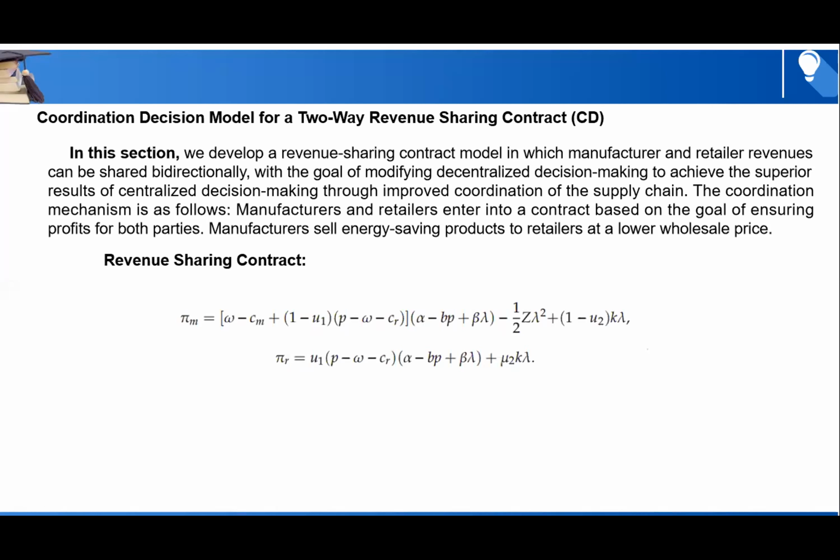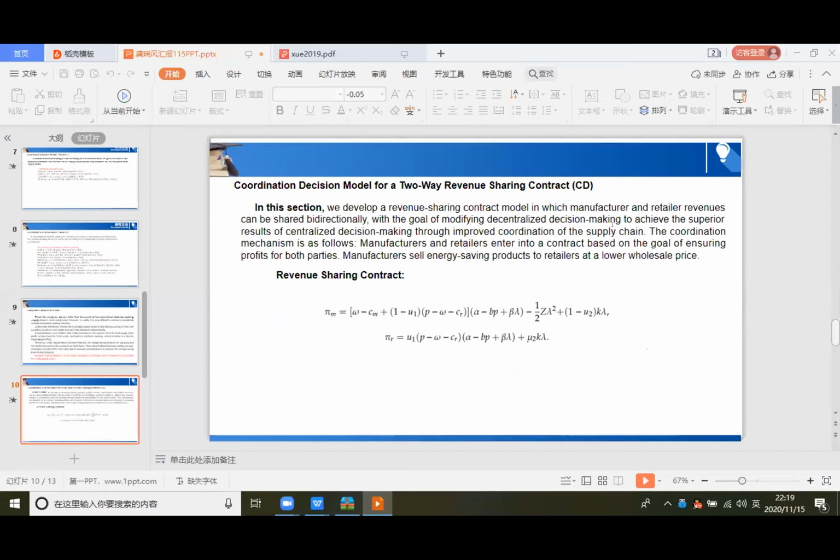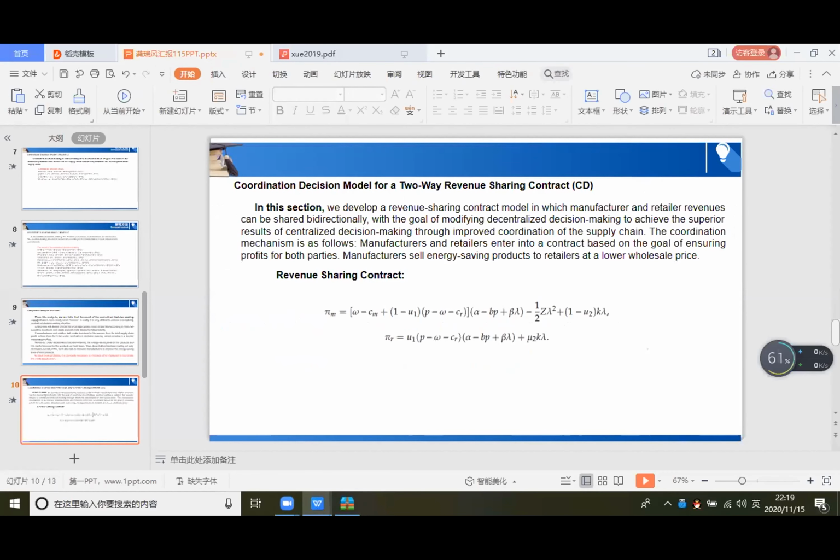In this section, we developed a revenue sharing contract model in which manufacturers' and retailers' revenues can be shared bidirectionally, with the goal of modifying decentralized decision making to achieve the results of centralized decision making through improved coordination of the supply chain. So we use these models.